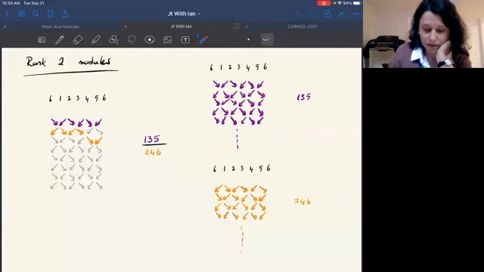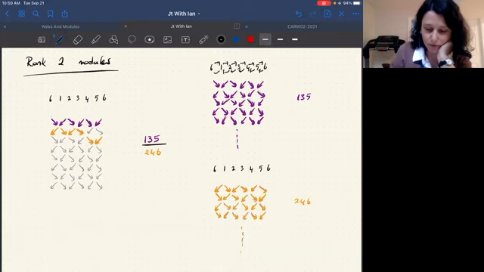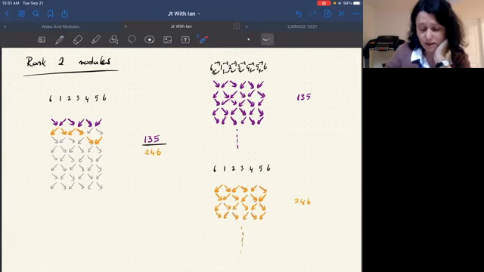Here I drew rank 1 modules. You can imagine our skewer here. It is a circular skewer, but let's think that I opened it up, and I'm writing the module over this diagrammatically like this. So these vertices, you can think of it as opened.